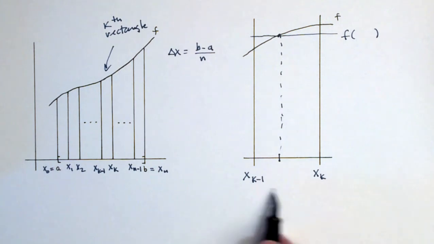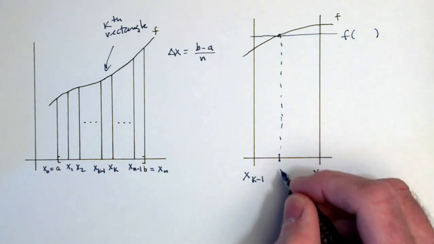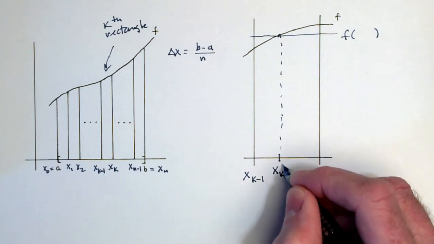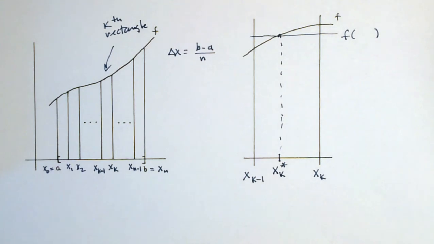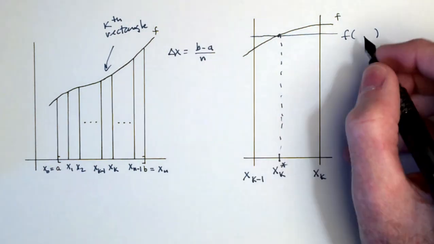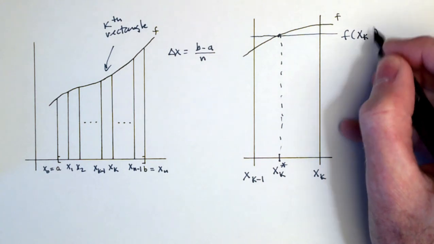I feel like I want to call it x sub k, but that's already in use. And there are actually a bunch of x's on the kth subinterval. So what I'll do is I'll show that it's all special by giving it a superscript star. So of all the x's we could have chosen on the subinterval, we're choosing this one. It's special, it gets a star. And then this height is f of x sub k star.